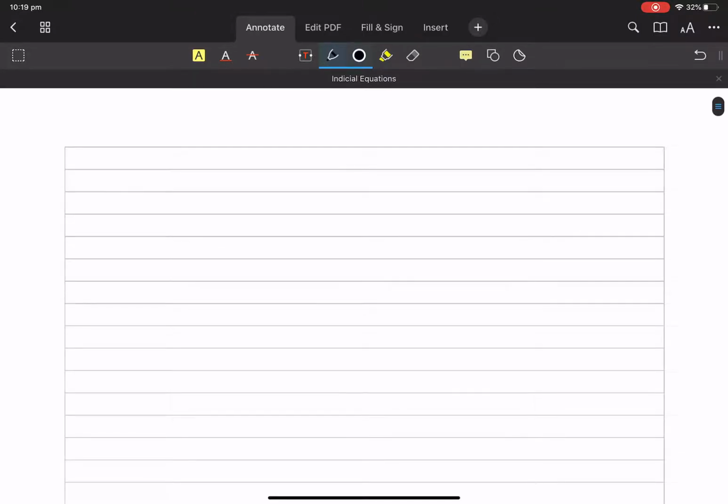How about 3 to the x times 3 to the 2x plus 1 equals 81. Clearly we need a base of 3. 3 3s are 9, 3 9s are 27, 3 27s are 81, so that's 3 to the 4. And we need a single 3 over here.